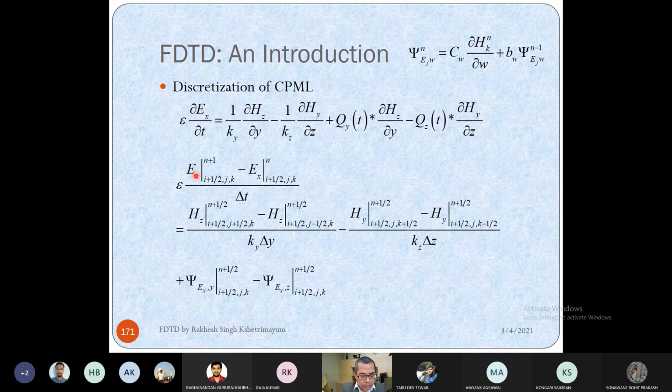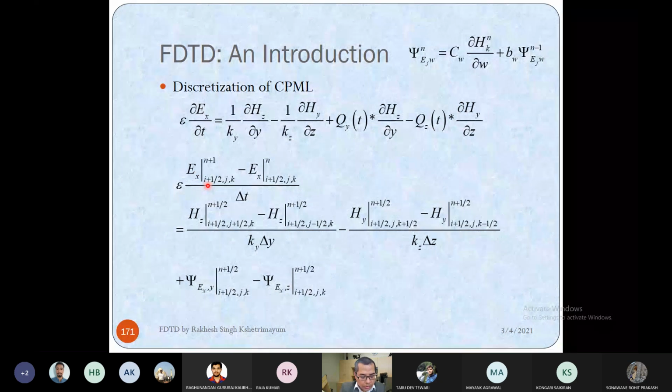Ex is always calculated at the center of the edges along the x-axis. So i plus half, j, k. This is a time derivative, so n plus 1 minus n divided by delta t. On the right hand side, this is the partial derivative of Hz with respect to y.